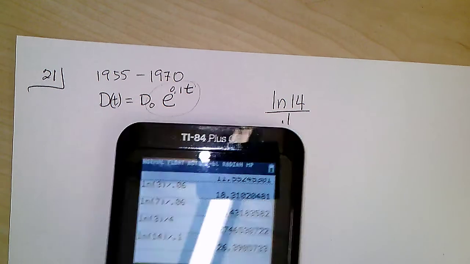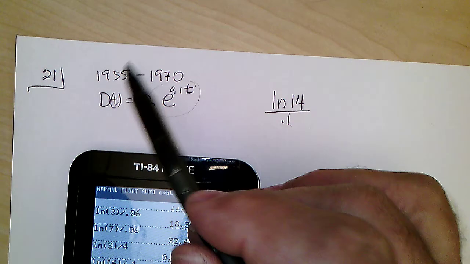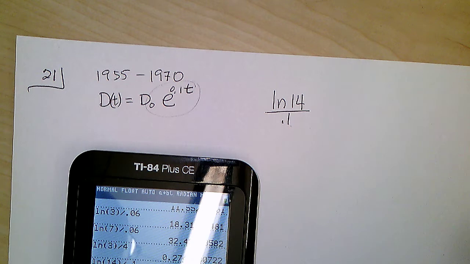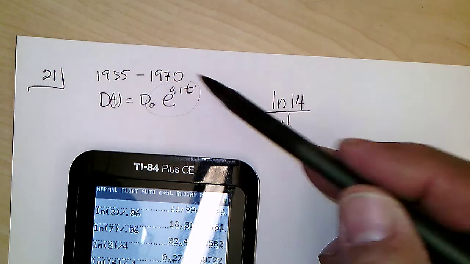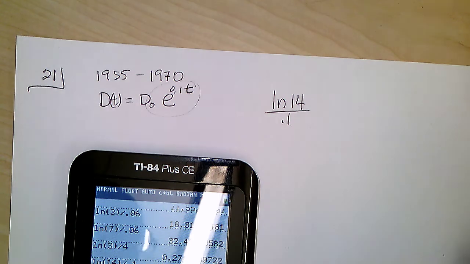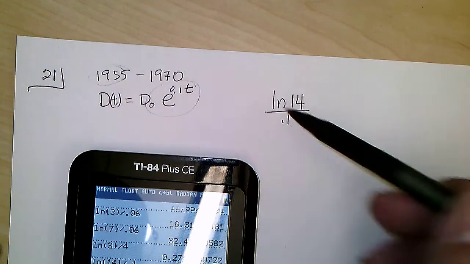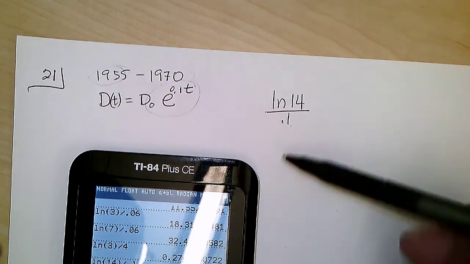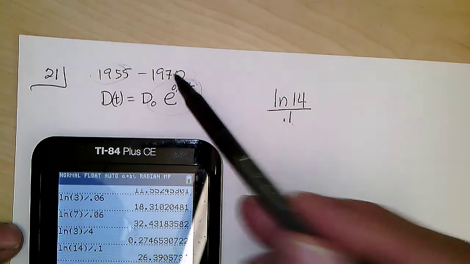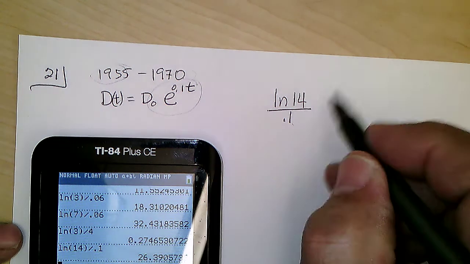Which is 26 years from 1955. That's how long it would take. So that would be 1981. There would be 14 times as many degrees as 1955. Or 26 years beyond 1970, when there'd be 14 times as many as there was in 1970.